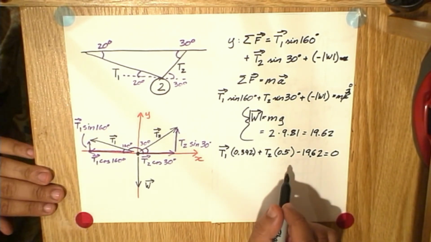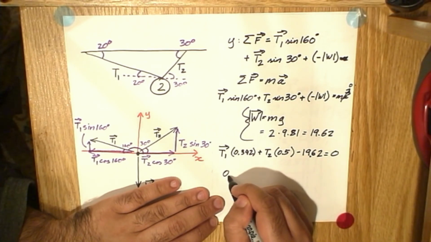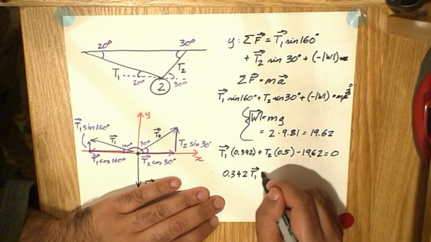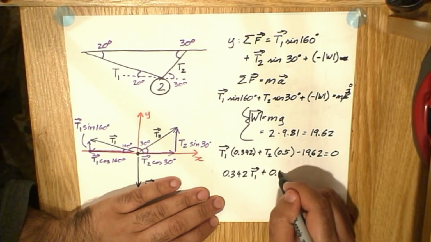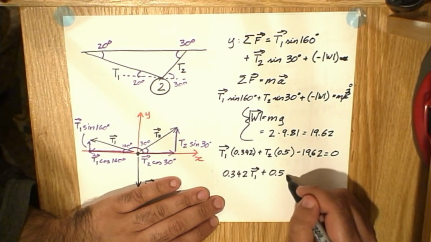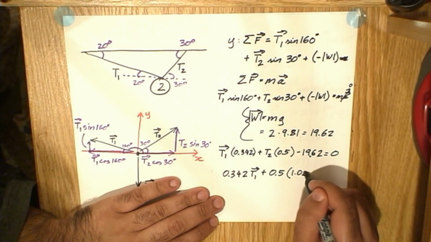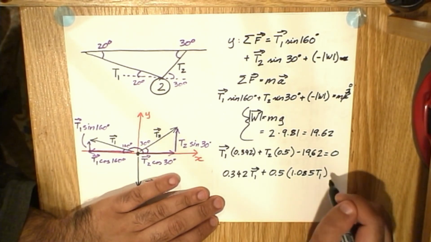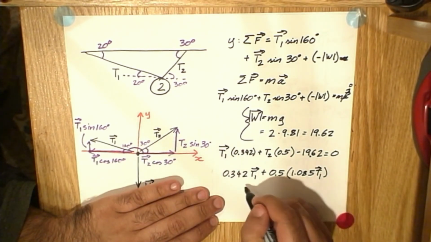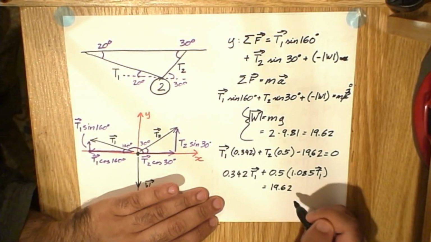So simplifying this, we now have 0.342 T1 plus 0.5. Now, what do we know that T2 is equal to? Well, a moment ago we figured out that T2 was equal to 1.085 times T1. We had worked that out from the horizontal components. And all of that is equal to 19.62.